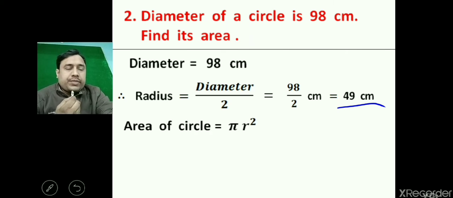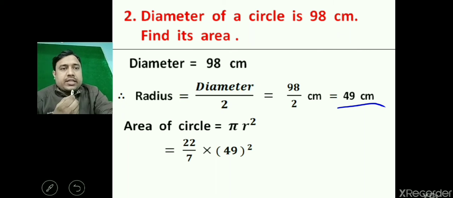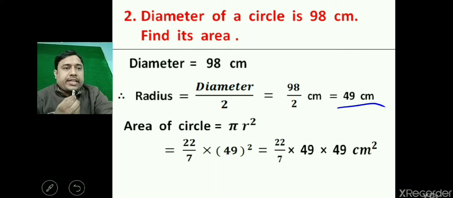Then the area of this circle is pi r square. Put the value of pi, 22 by 7, and then 49 square, with unit centimeter square. 49 square means 49 into 49, because the power 2 means it is multiplied 2 times with itself.